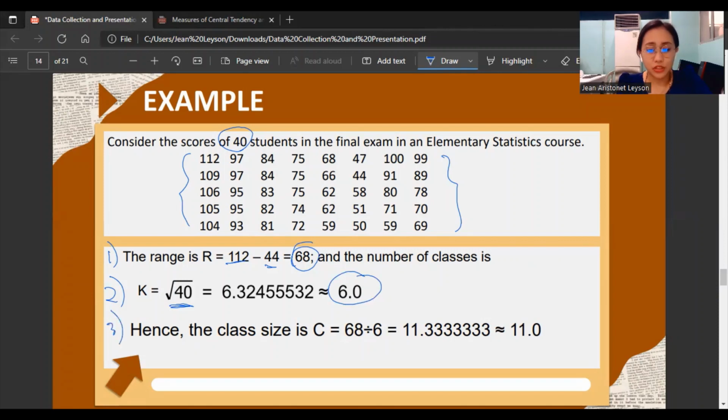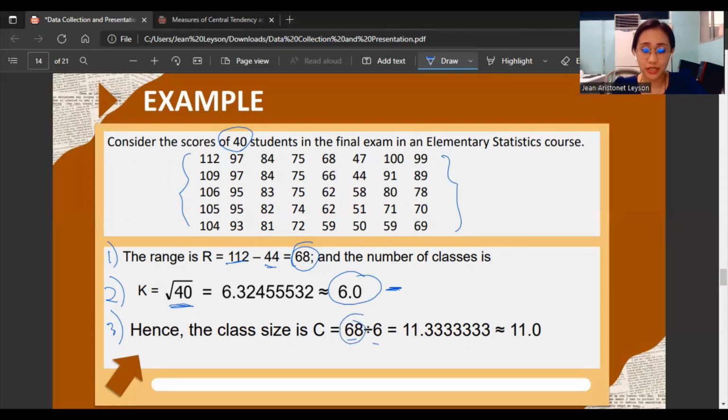Third step is to determine the class size. By the way, going back to step number 2, meaning there will be 6 intervals or 6 classes. Number 3, solving for the class size, meaning the boundary from the lower limit to the upper limit. So the formula is R divided by K, or range divided by the number of classes.